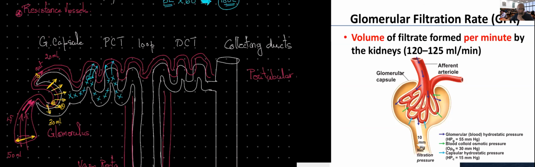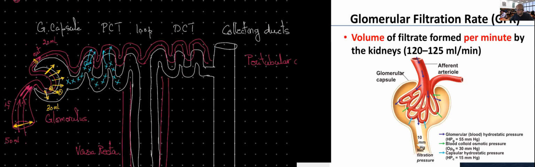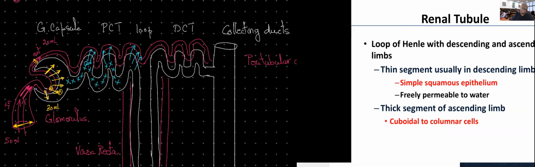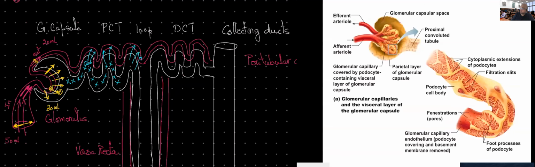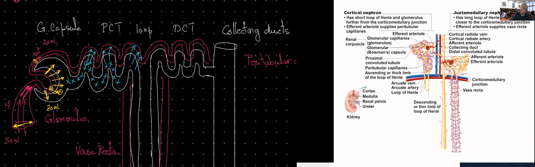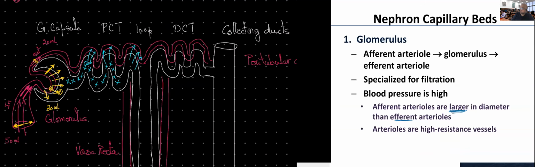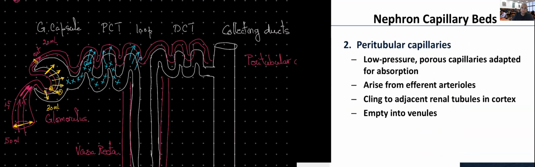So what you're going to do with this filtrate, most of it actually gets reabsorbed back from the kidney tubules to your blood. And 60% of the reabsorption is actually taking place in the proximal convoluted tubules, as they are surrounded by peritubular capillaries.